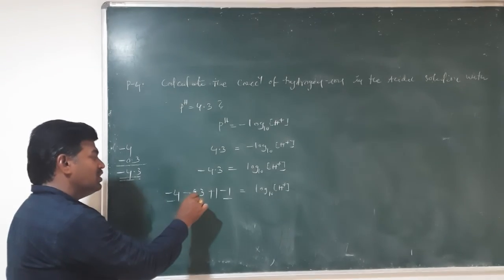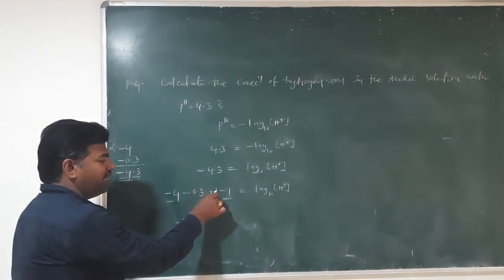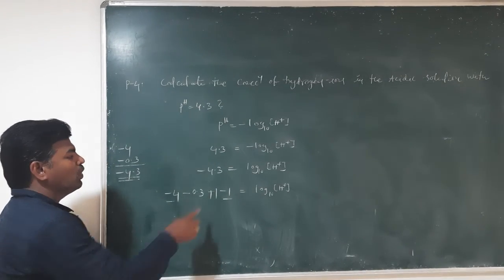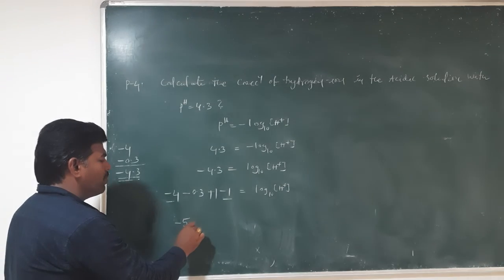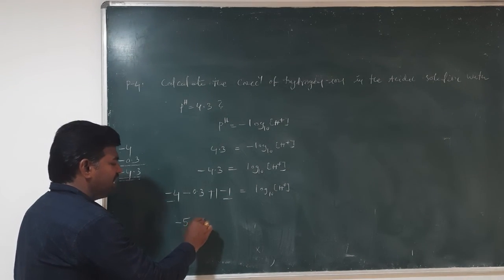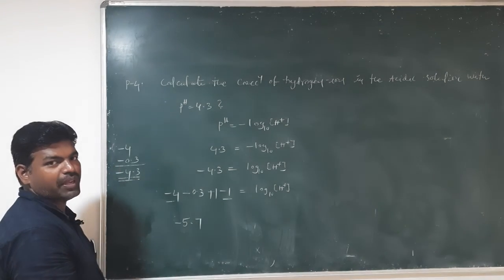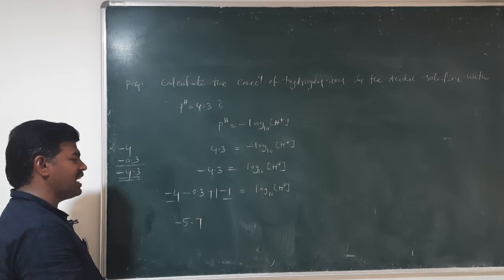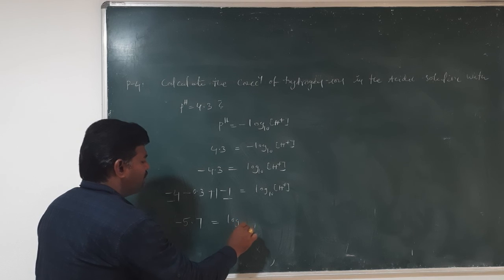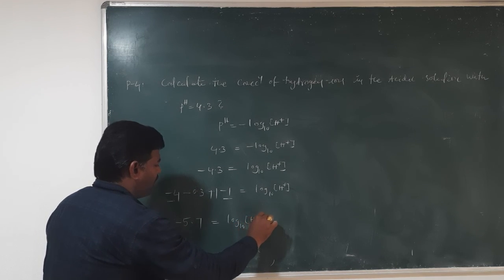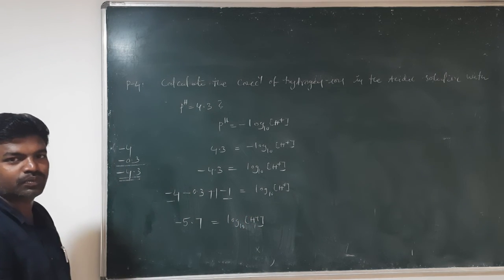That is, 0.3 should be subtracted from 1, which comes out to be 0.7. So it is minus 5 plus 0.7, that is minus 4.3 written as 5.7 bar, and it is equal to the logarithm to the base 10 of the concentration of H plus ions.